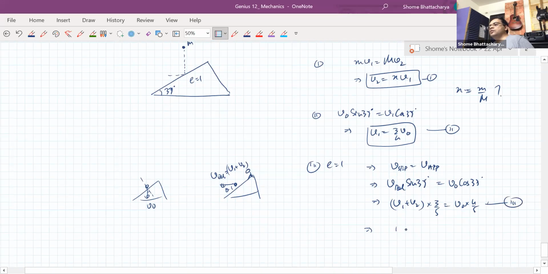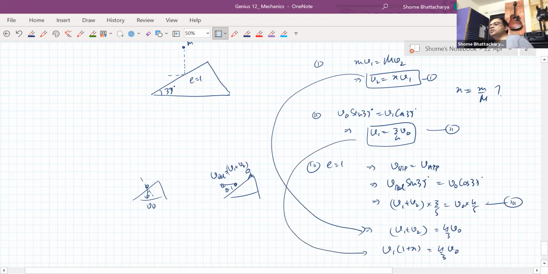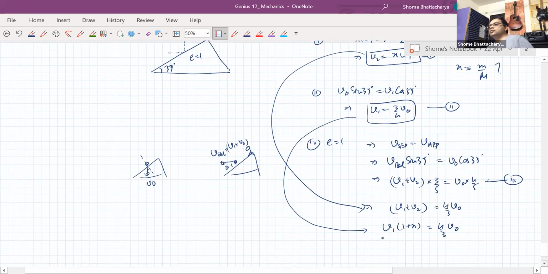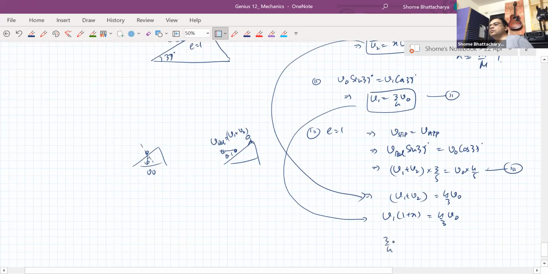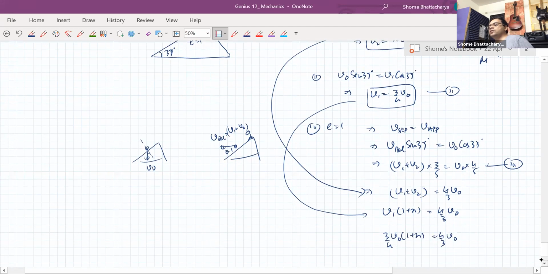So we have v1 + v2 is equal to 4/3 v0. Then we substitute this. So v1 into (1 + x) is equal to 4/3 v0. And then we substitute this: 3/4 v0 into (1 + x) is equal to 4/3 v0.